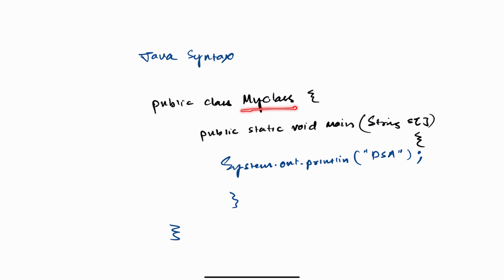This name can be any name, but as a best practice, you should follow some naming convention. For example, the very first character of your class name should be in caps, and the next word should also start in caps. This is called camel case. The first character will be caps, and every word's first character will be a capital letter.